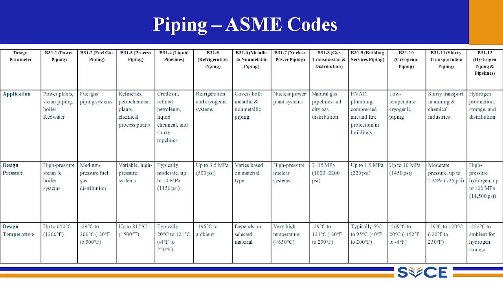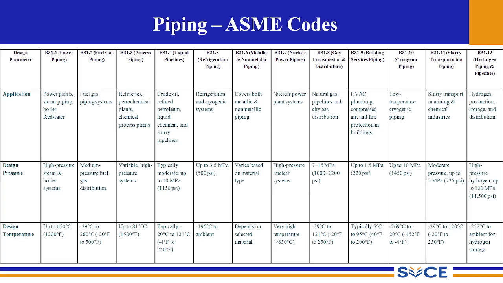Next is your B31.2, which is applicable for fuel gas piping. So this code is applicable for fuel gas piping systems, and the design pressure is medium pressure fuel gas distribution. The corresponding design temperature is minus 29 degrees centigrade to 260 degrees centigrade.